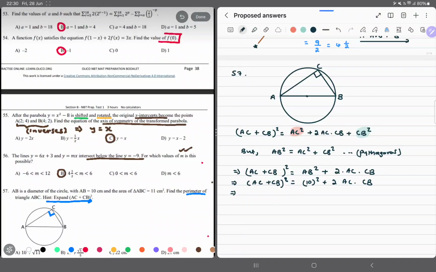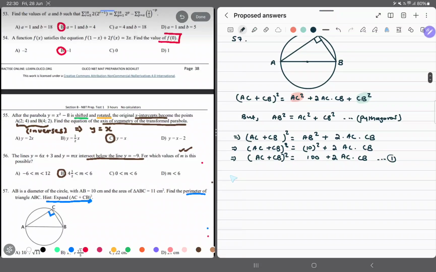This also implies that we've got AC plus CB all squared is equal to 100 plus 2 times AC times CB. We can make that equation 1 because we cannot move any further than this.